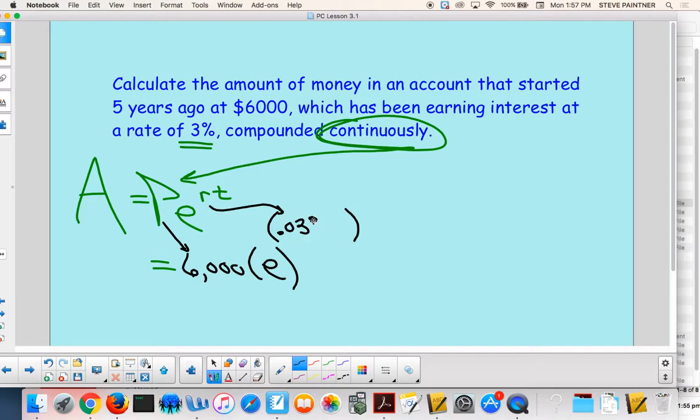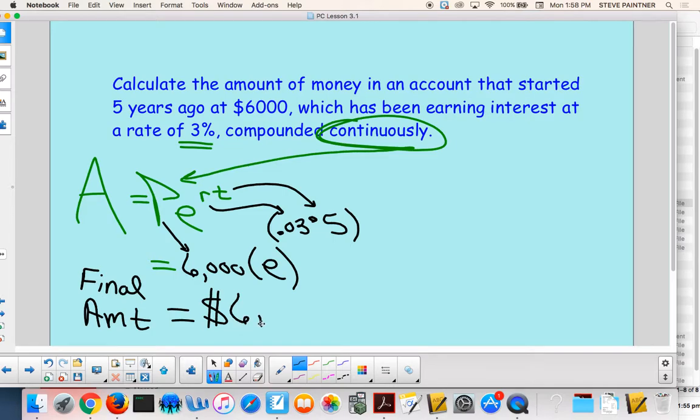Times how many years did I leave it in the bank? 5. Just let your calculator do the work. Your money turns into how much? 6,970 and a penny, right? You see this big A? This big A stands for the final amount. I didn't write that on the previous slide. I forgot.